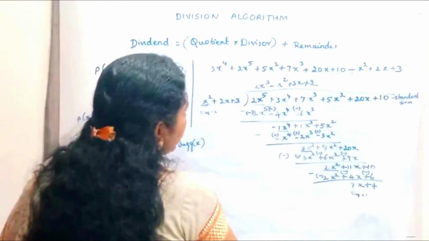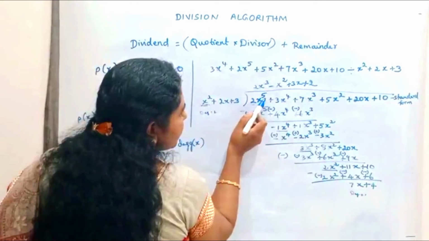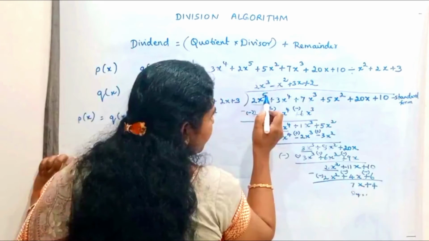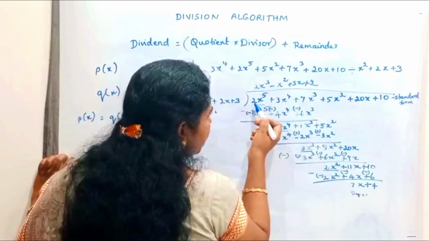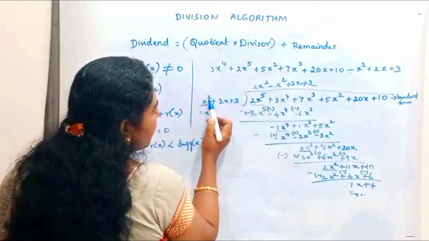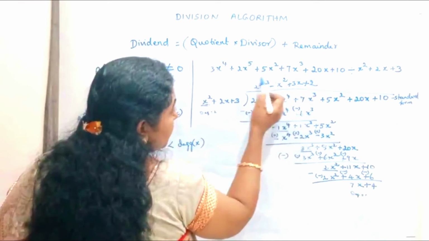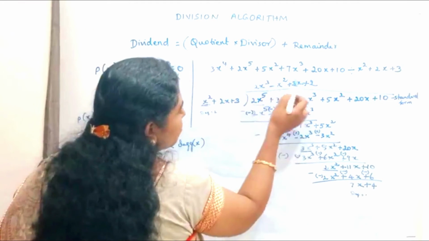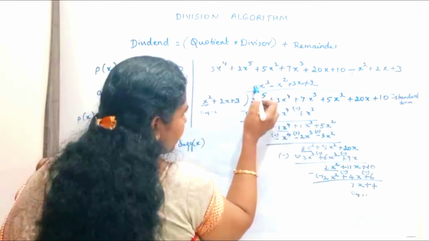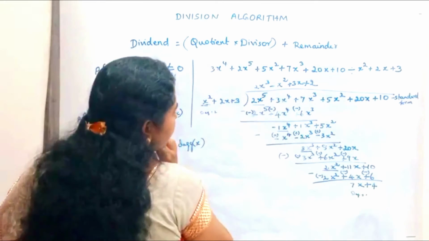Okay, and one more thing, so that checking we have to do now, and before that, here this is the term which has the maximum power of the variable in this expression. Already we have written it in the standard form. Similarly, here also the first term has the maximum power. So in the expression of the quotient, the first term also will have the maximum power. Since we have arranged both, here also the first term will have the maximum power.